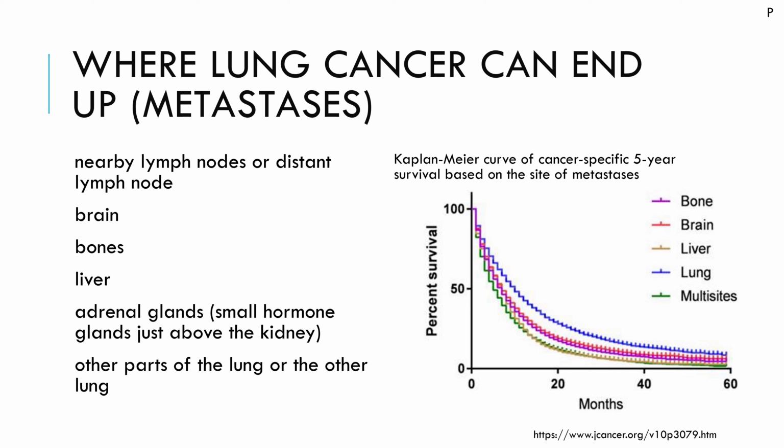Nonetheless, regardless of where they end up, the 5-year survival rates are truly dismal. So anybody that starts off with a lung cancer that shows signs of metastases, their survival rate at the end of 5 years is extremely poor, regardless of where the metastasis actually ends up. Next.